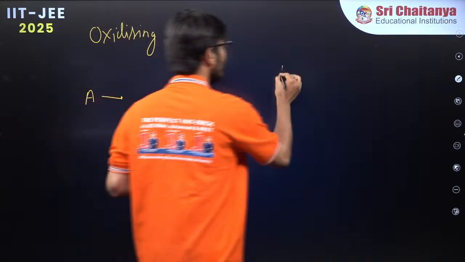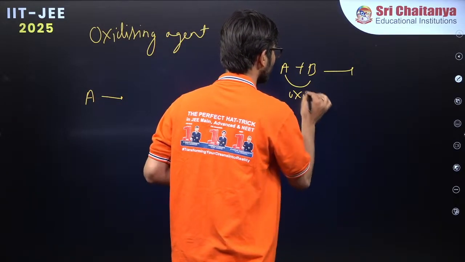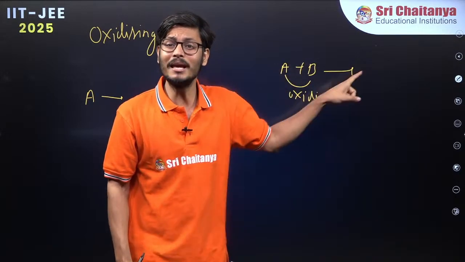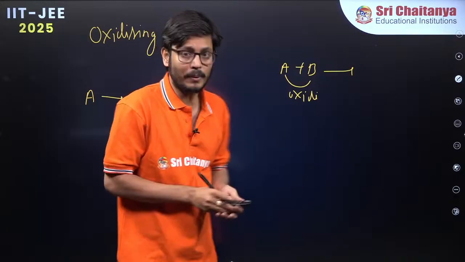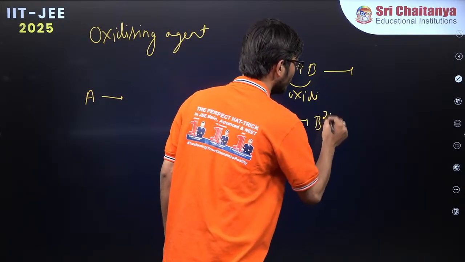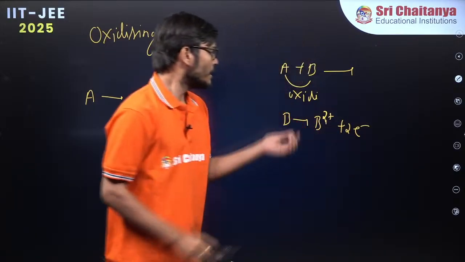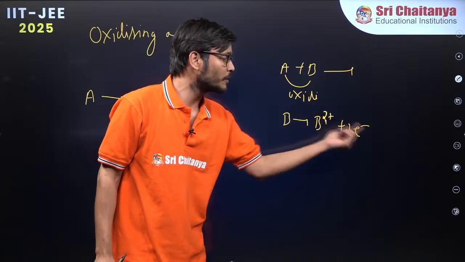For example, let us say A wants to oxidize B. If A wants to oxidize B, that means B will lose electrons, because B undergoes oxidation. Suppose B oxidized, so B goes to B2 plus and 2 electrons. Hypothetically, I am taking some values. So A is oxidizing B, in which B has been converted to 2 plus and 2 electrons.